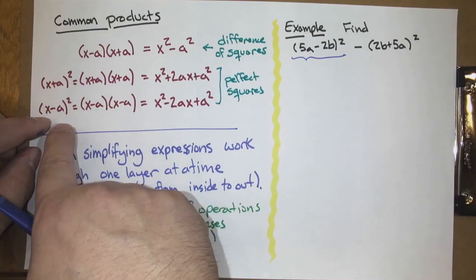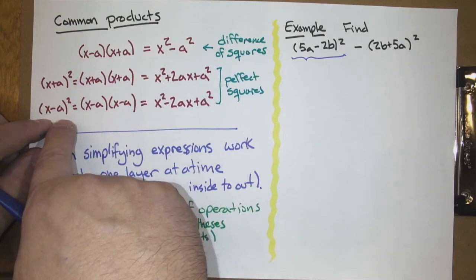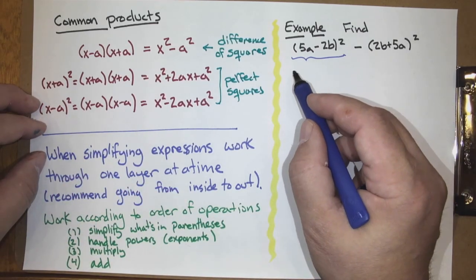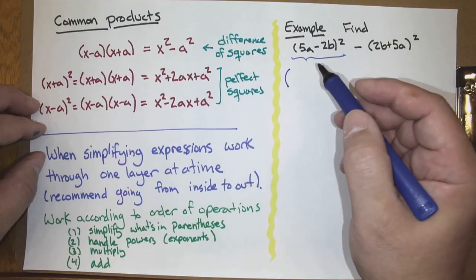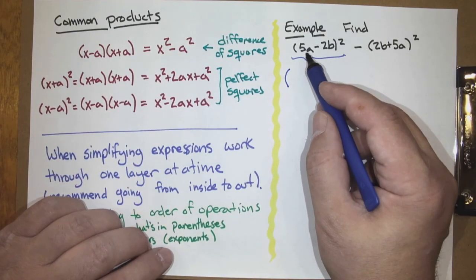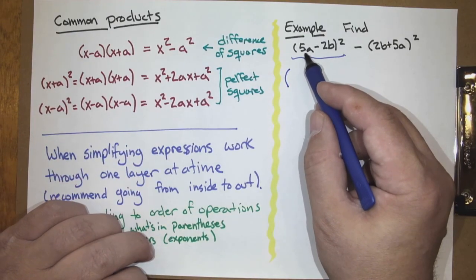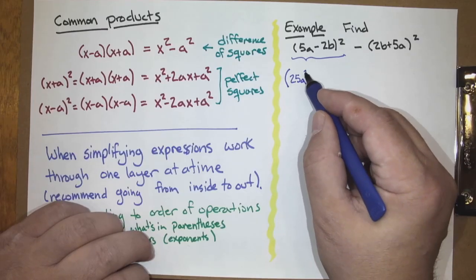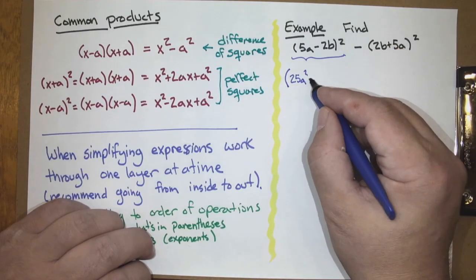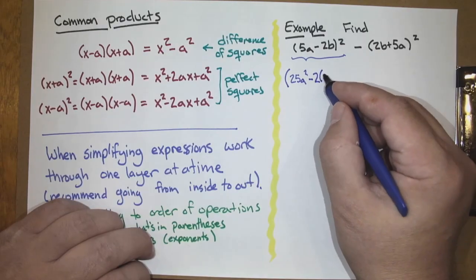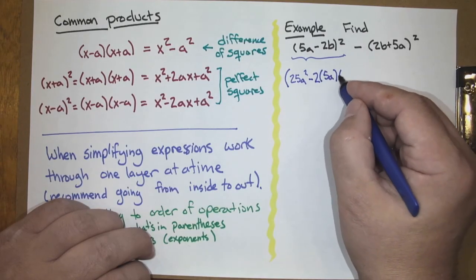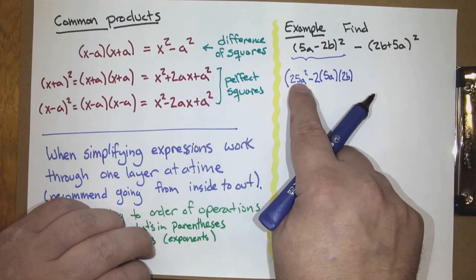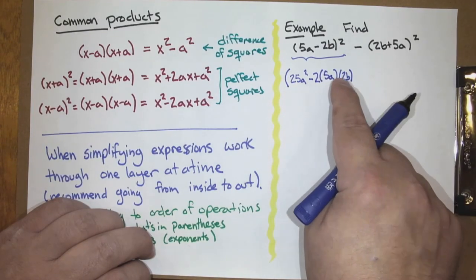It's a square, right? It's something squared. So if we follow the rules for squaring, the rule says you square the first term. So what's the square of the first term? 25a squared. And because there's a minus here, then it's minus 2, the first term, times the second term. So this is your first term squared minus 2, first term, second term.